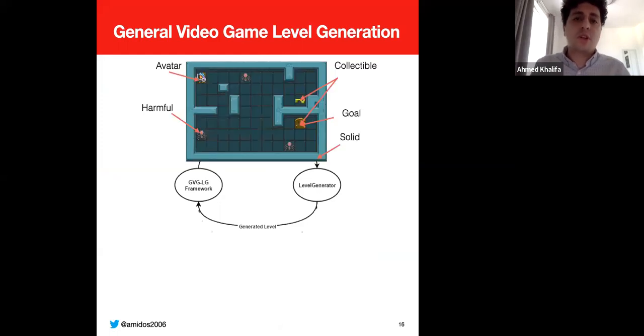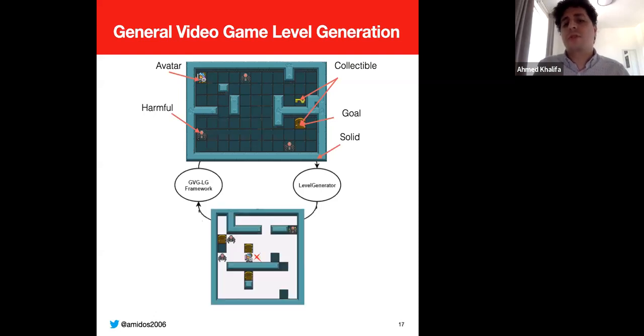The game description object is that object that has all the information about the game, such as what are the sprites or objects that could be in the game, what are their properties, are they controlled by the player, are they harmful to the player, stuff like that, and the interactions between them, and it also provides a forward model. The forward model is just to help us simulate the game. Like I could just say, here is a level, can you tell me if it's playable or not? And it uses an AI agent and returns if it's playable or not. And in return, the level generator has to return just a generated level for the framework back.